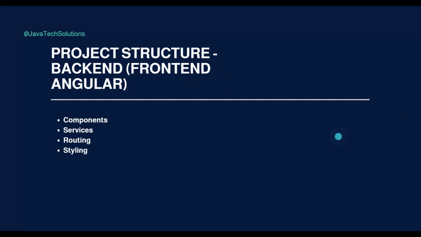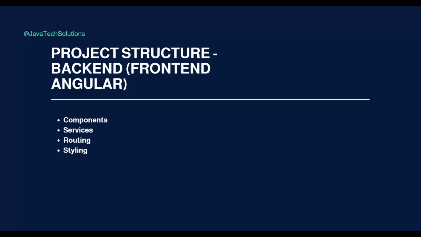Now if we talk about the frontend technologies, as a frontend we are using Angular. Here we first need to define the components. Their responsibility is to build the UI components for post listing, post details and post creation. The main purpose of the service is to interact with the backend APIs, and routing is responsible for navigation between different views.